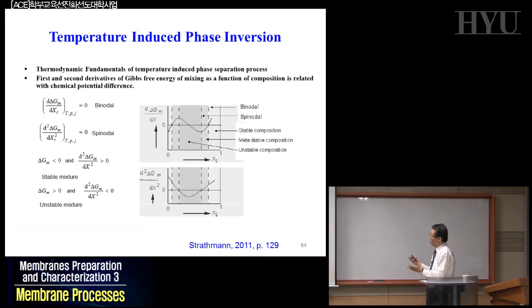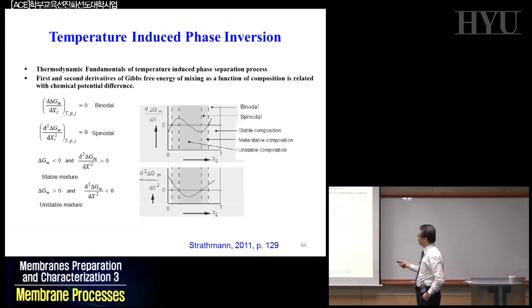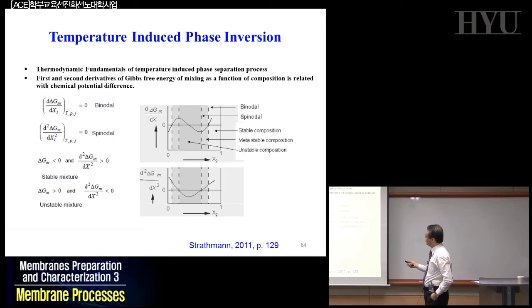So if we redraw this Gibbs free energy mixing curve versus the composition as a first derivative and second derivative, you will see that if it's zero, each point is defined as a binodal point. If the second derivative is equal to zero, it's defined as a spinodal point, right?